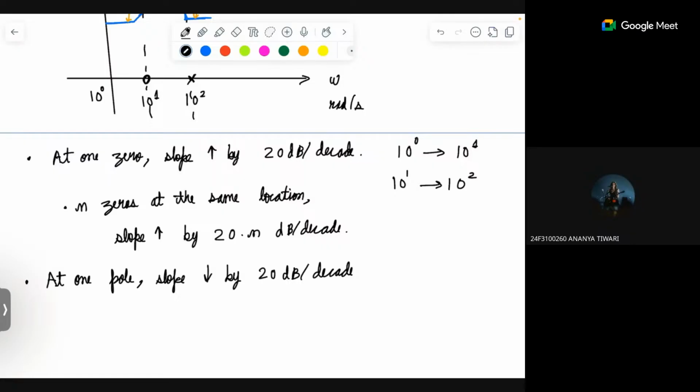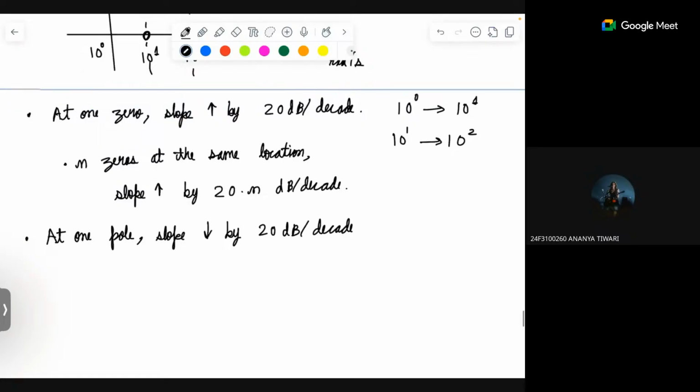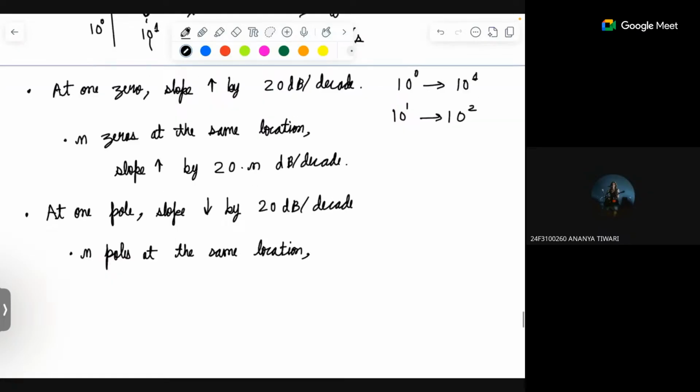Now if I encounter another pole, it will decrease by 20, so it will go back to 0. So at one pole, slope decreases by 20 dB per decade. And similarly, for n poles at the same location, the slope will decrease by 20 times n dB per decade.